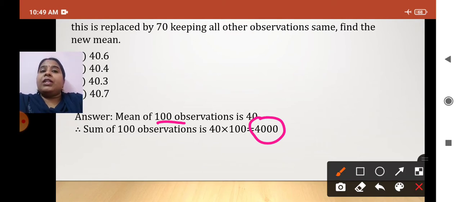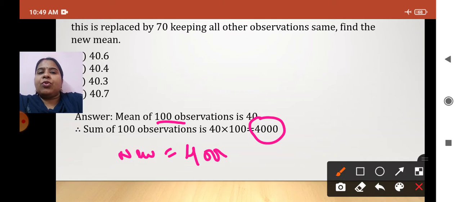Okay, even the ninth observation is included. So what will be the new sum? New sum will be 4000. From this 4000, what I should do is, I should first remove the ninth observation, which is that 30. And then I should add the new observation, which I want to replace it with. So that is nothing but 70.